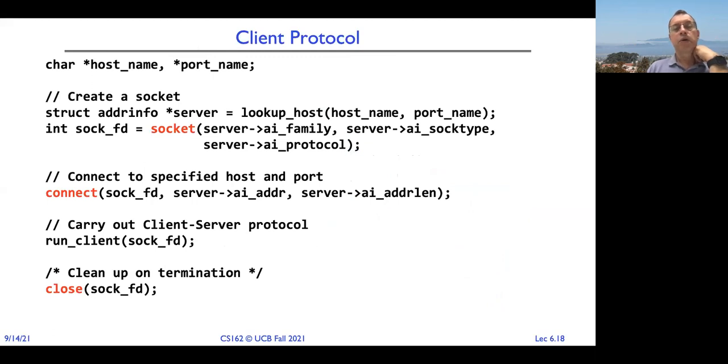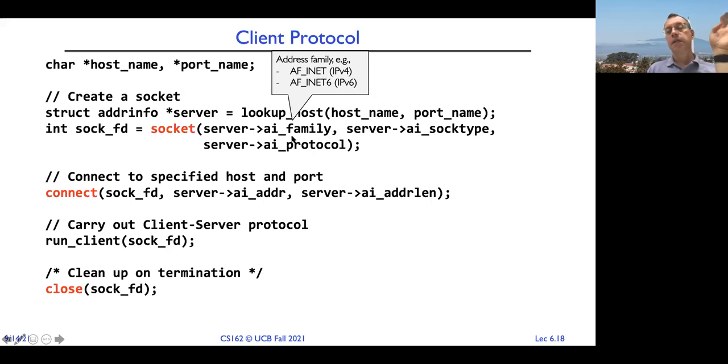This is the client protocol in a little more detail. This is how you create the socket. First of all, you create this address info data structure where you provide the host name and the port name. Then you create the socket using this data structure, and it has three things.